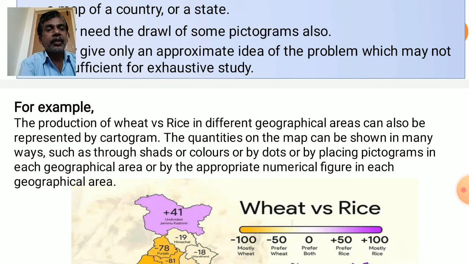In a cartogram we represent the quantities on the map in many ways.